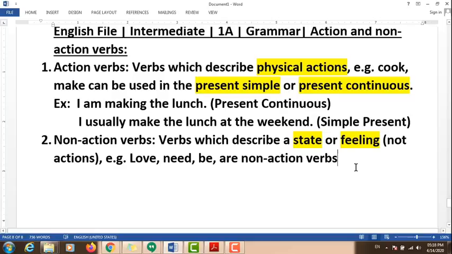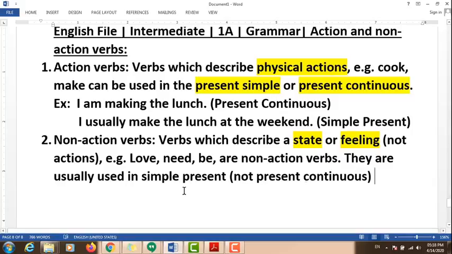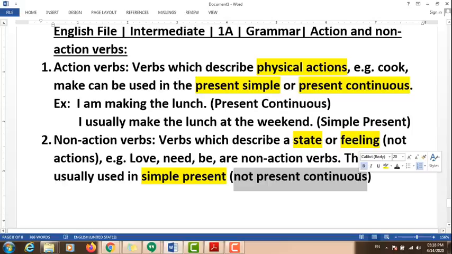They are usually used in simple present, and not present continuous. I hope you understood. Listen, you can use them in simple present, but you cannot use them in present continuous. This is right. Okay, all right.